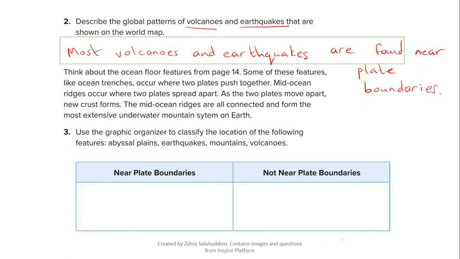Okay, so we find them near plate boundaries. This is the main thing you need to study. We find earthquakes and volcanoes near plate boundaries.